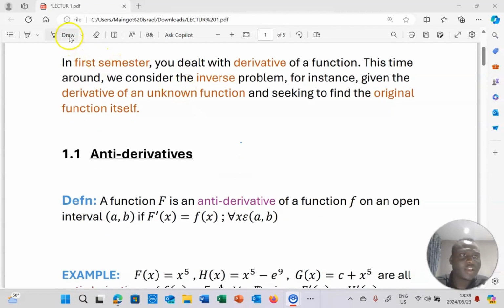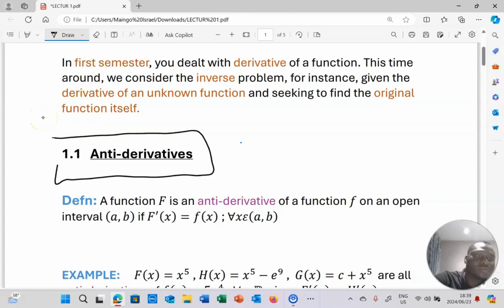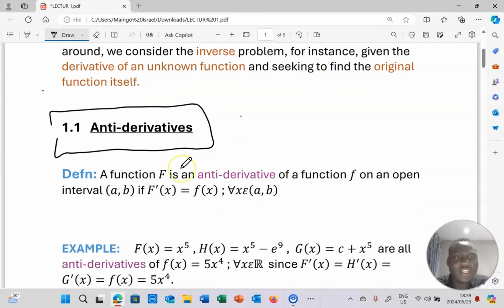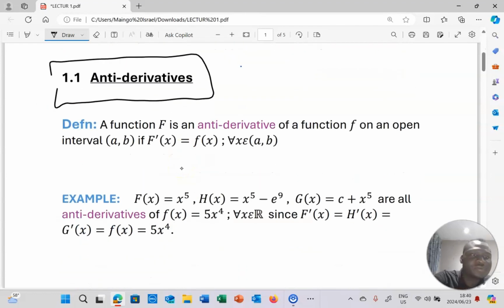So let's deal with antiderivatives. What is an antiderivative? Definition. A function F is an antiderivative of a function f.